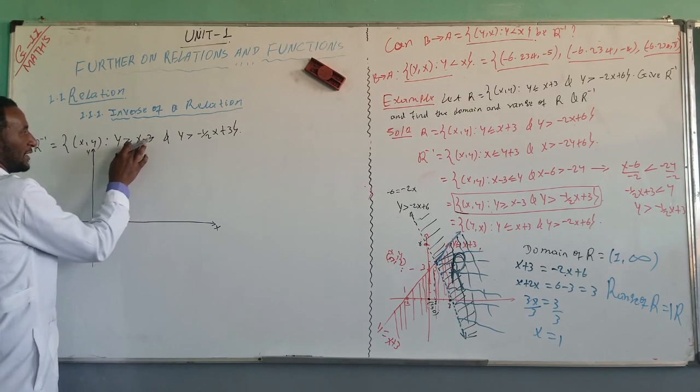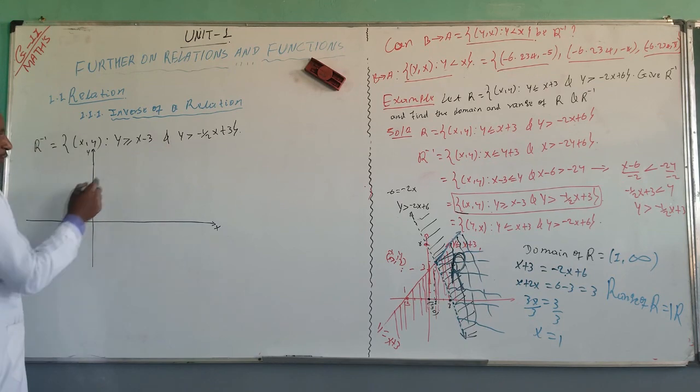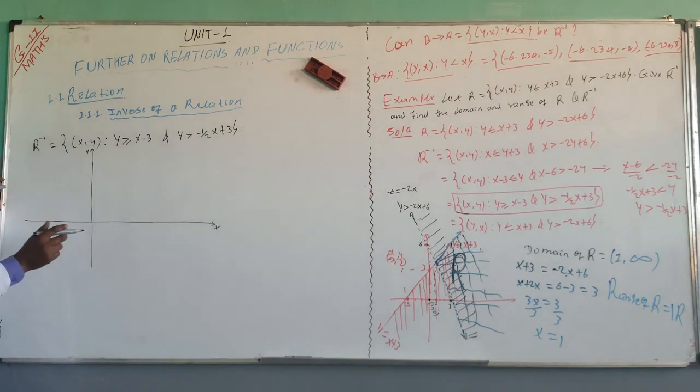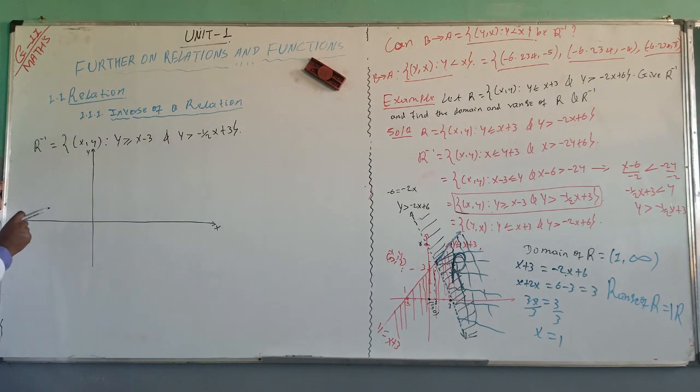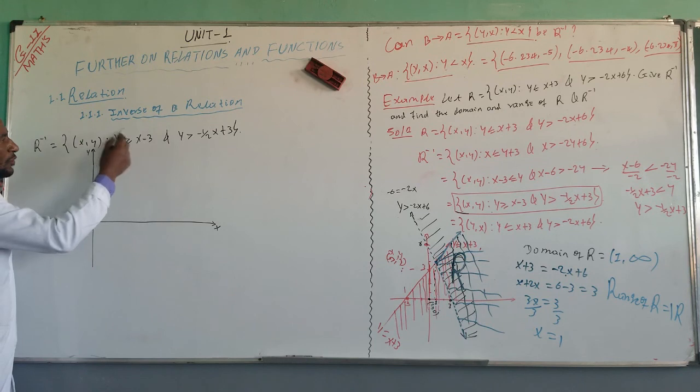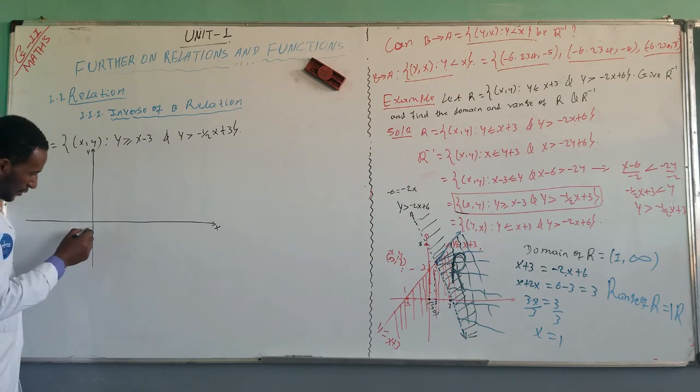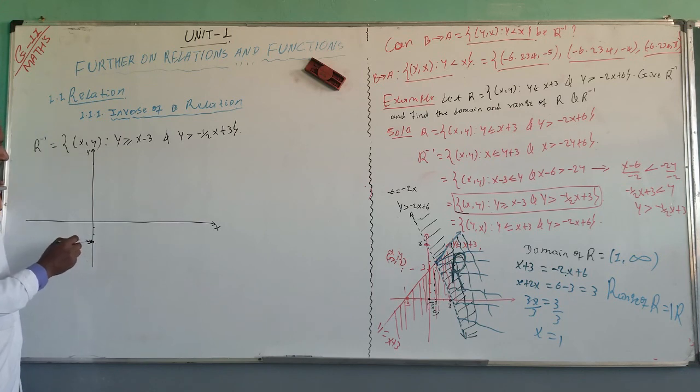Y greater than or equal to x minus 3: when we find the x-intercept and the y-intercept, for the y-intercept we substitute 0 in place of x. It becomes y is equal to negative 3, so negative 3 is here on the y-axis.